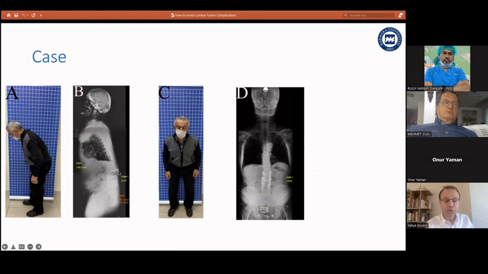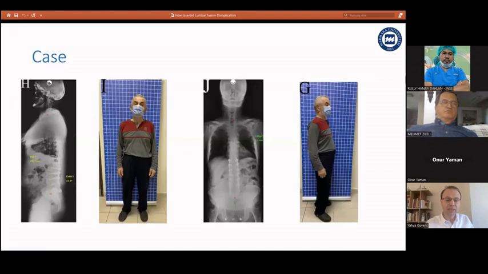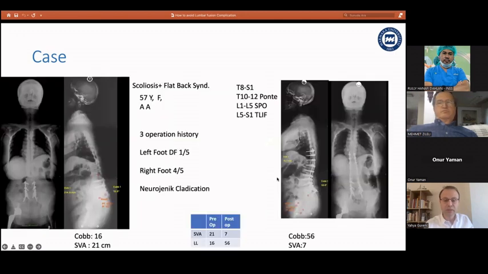There is not enough lordosis in here. 5 years later, he has flat back syndrome and a high cervical vertical axis, and it is like a kyphotic posture. And we make some osteotomies, and after that we restore lumbar lordosis, and this patient turned out like that.